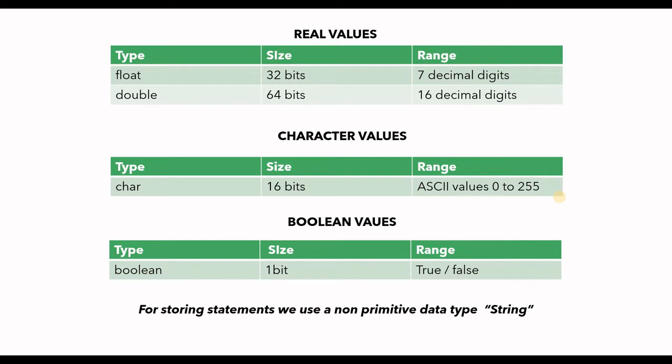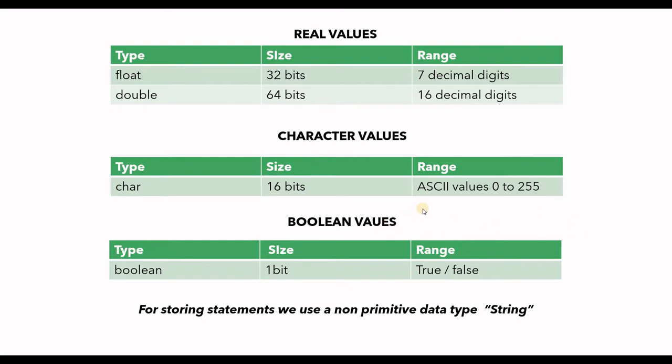For example, A have an ASCII value of 95, B 96, C 97. Similarly, from 0 to 255, we have different characters and each character is assigned an ASCII value. This will be more clear to you when we will be doing it in the programs.